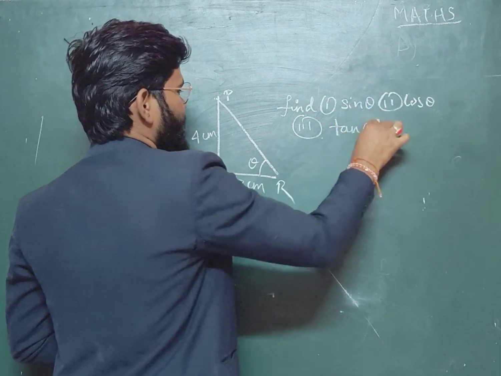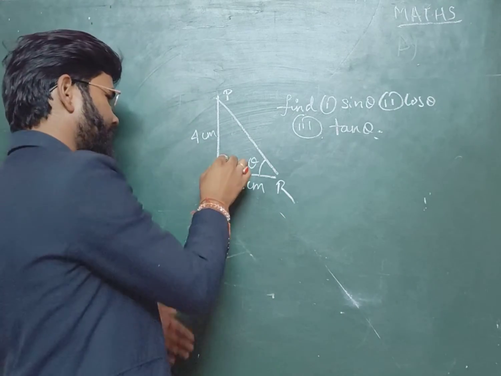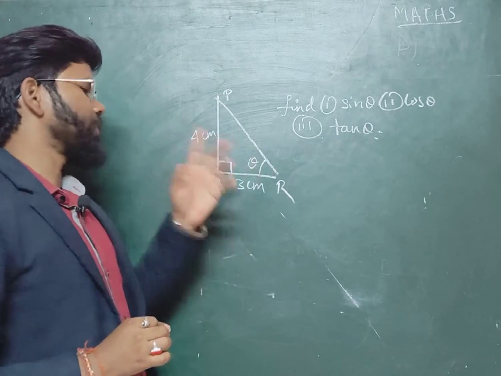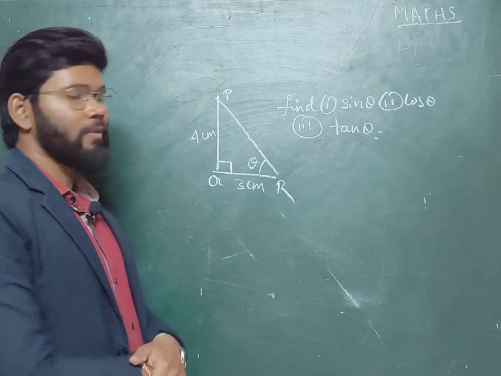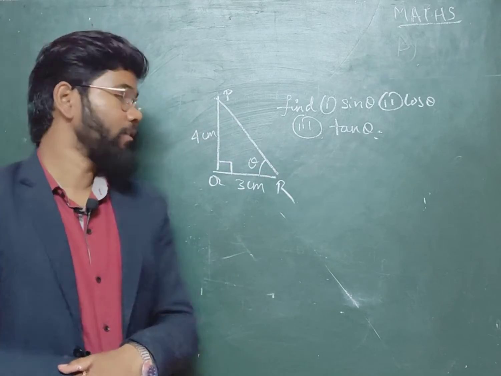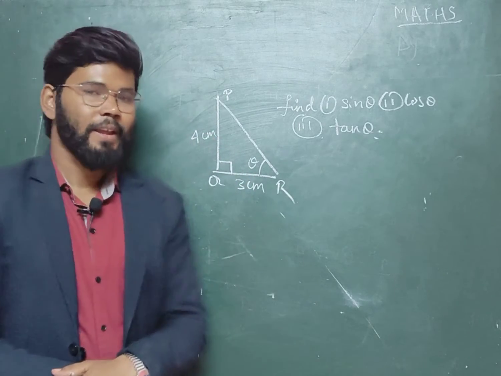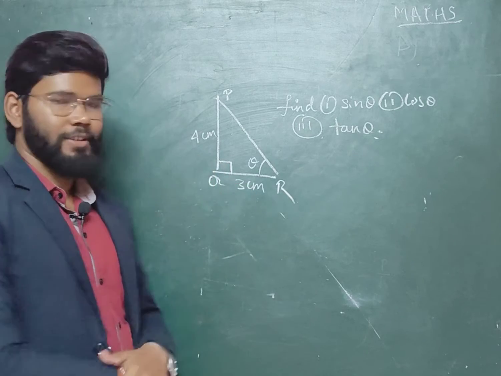So see here, suppose that theta is here, and one more important thing, the right angle is at Q. The values of PQ and QR are given, so here we can find the value of PR. How can we find the value of PR? As we know that PQR is a right angle triangle, and PQ is 4 centimeter and QR is 3 centimeter.